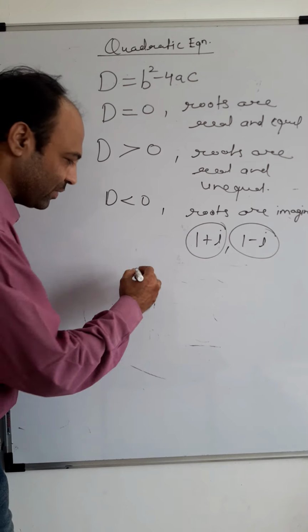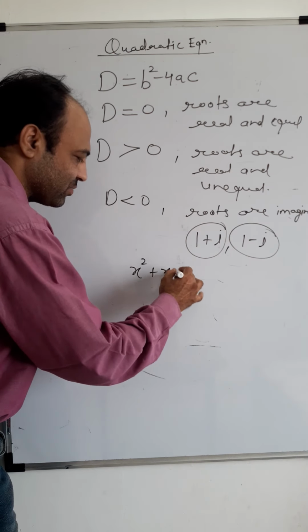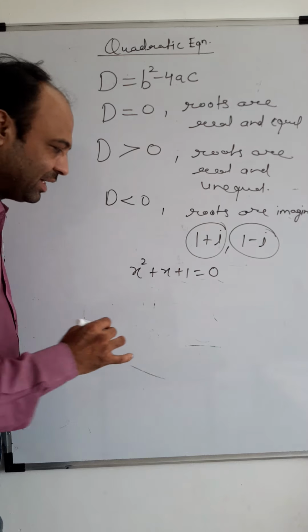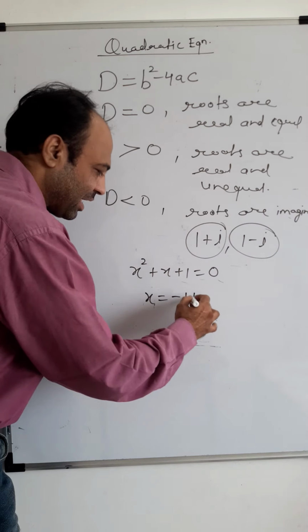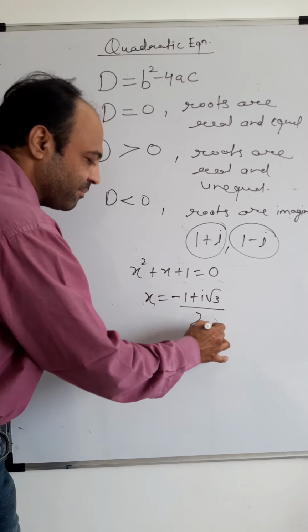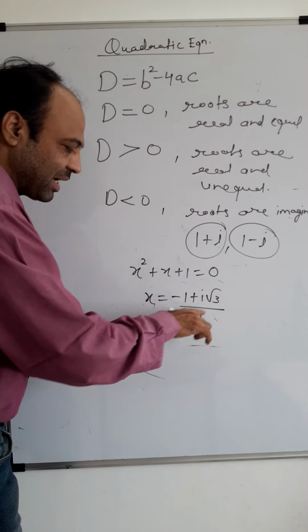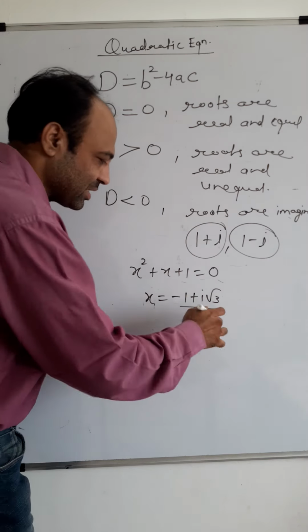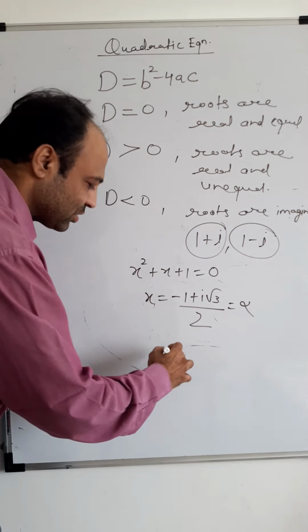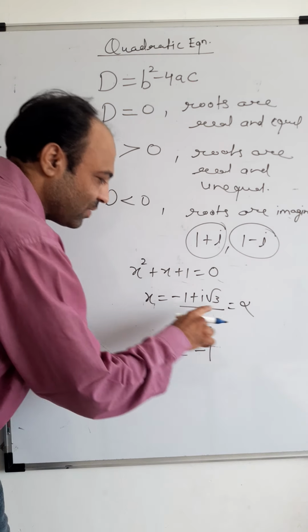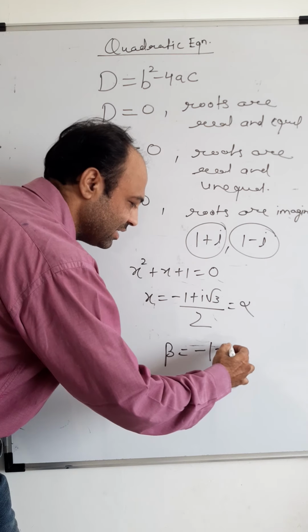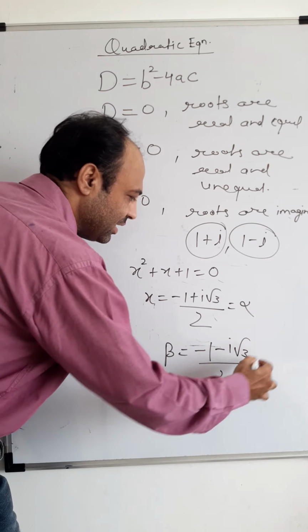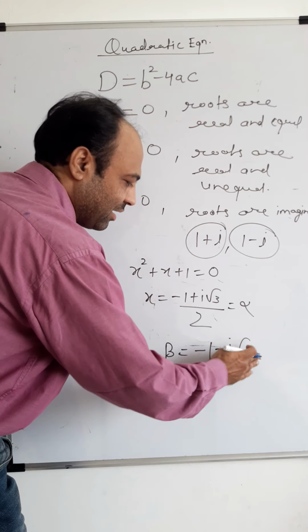Suppose in a quadratic equation x square plus x plus 1 equals to 0, correct? If one root, while solving this, came as minus 1 plus I root 3 by 2, correct? So this is, let's say, alpha. So beta will be minus 1 minus I root 3 by 2, because before I, whatever sign there is, you have to change it. This is your beta, correct?